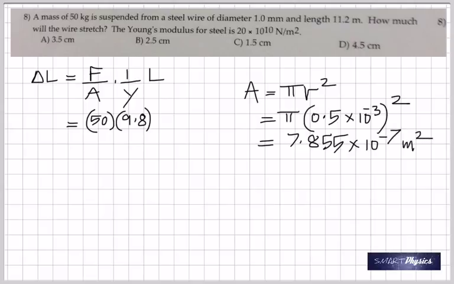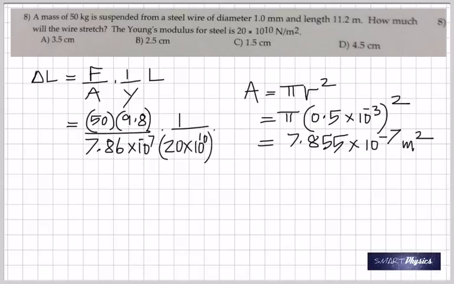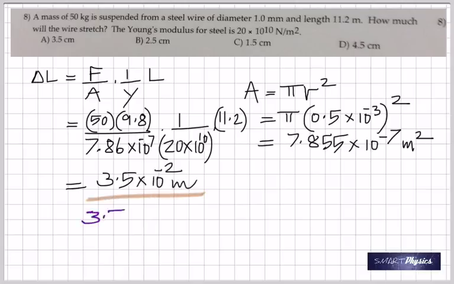So once you get the area of cross section, plug it back into the equation. That's the Young's modulus. The original length is 11.2 and that gives 3.5 times 10 to the minus 2 meter, which is 3.5 centimeter. So that is the answer.